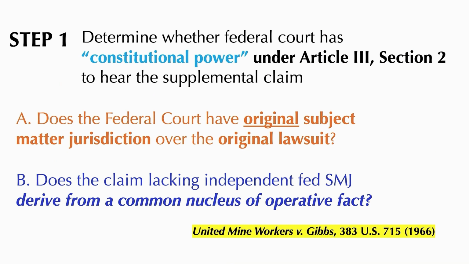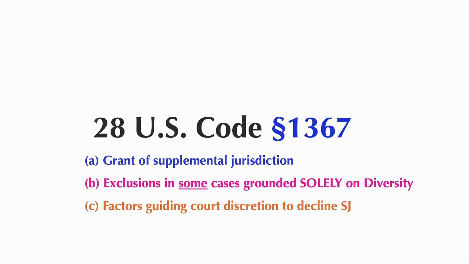This step comes from United Workers versus Gibbs. So in order to determine whether federal court has constitutional power under Article 3, Section 2, to hear the supplemental claim, we must answer, does the federal court have original subject matter jurisdiction over the lawsuit? And does the claim lacking independent federal subject matter jurisdiction derive from a common nucleus of operative fact?